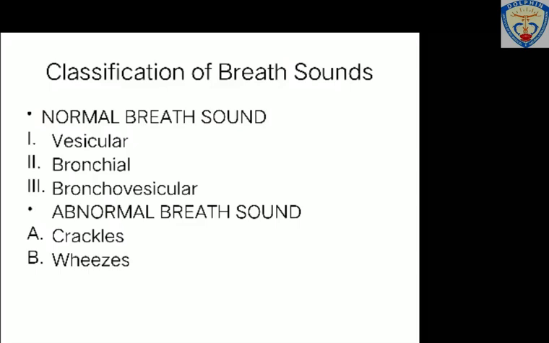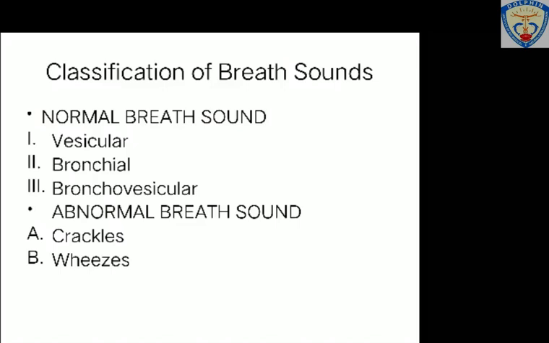Next sound is the bronchial sound. It is loud, hollow or tubular, high-pitched sound heard over the principal bronchus and the trachea. Bronchial sounds are heard equally during inspiration and expiration, with a slight pause in the sound between inspiration and expiration.